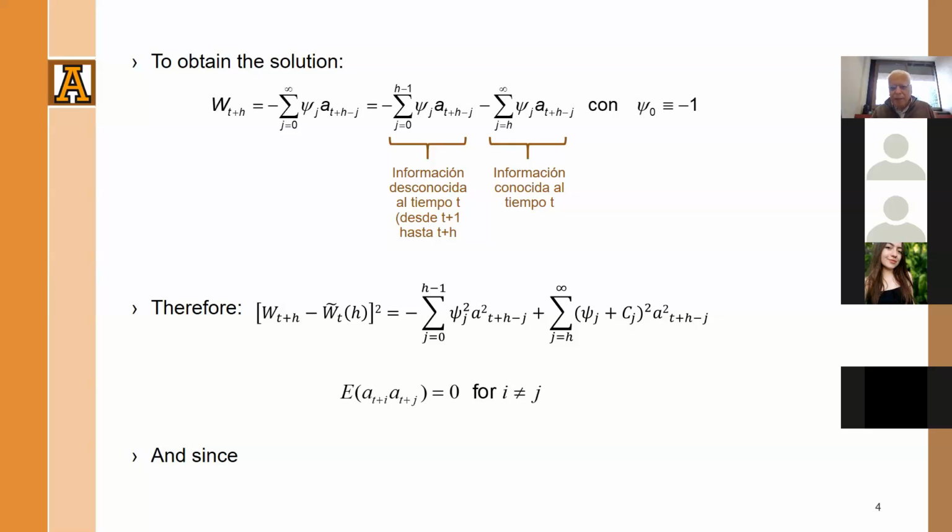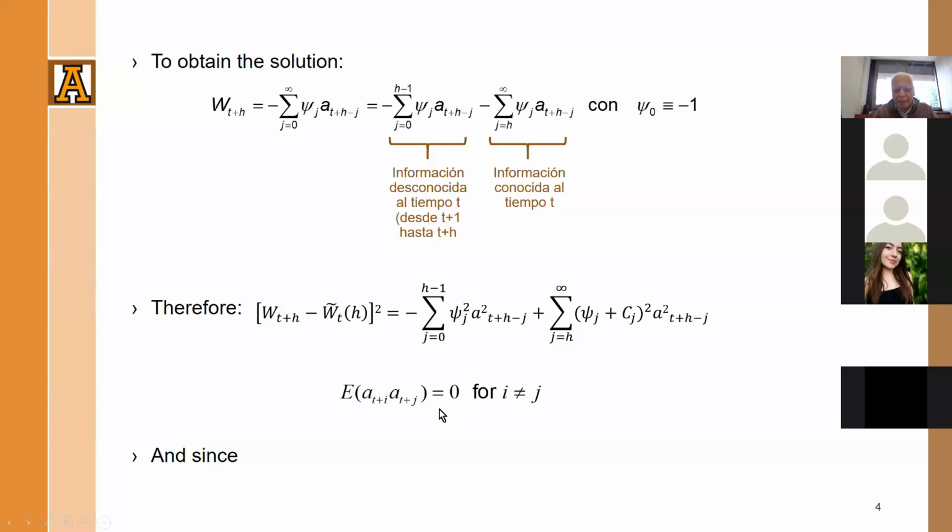Now, recall that the expected value of a_{t+i} times a_{t+j} is going to be equal to 0 if i is different from j. So the only case where that expected value is different from 0 is when the subindex of a coincides, and then we have the variance, sigma squared sub a.